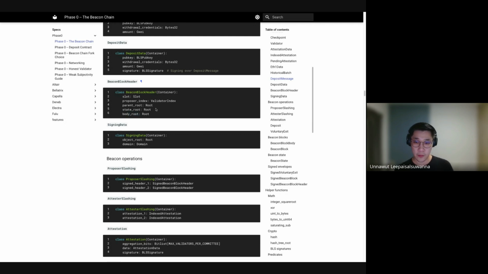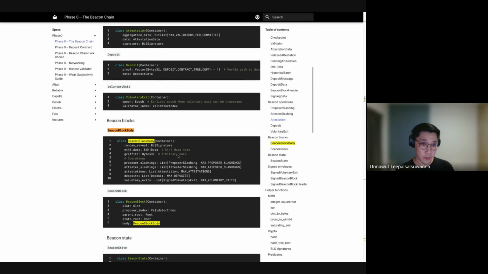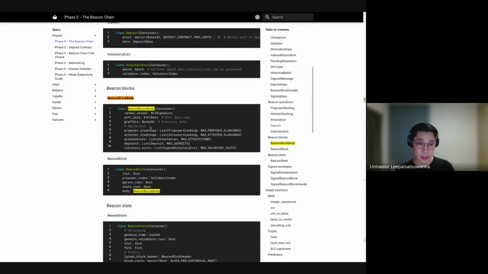But if you want to actually get the content of the body root, you're also able to get the beacon block body, I believe. Yeah. So what happens is that you're also able to get the beacon block body. You can then Merkleize all this information back into a single beacon block body root, and then this block body root is supposed to, for example, like here, beacon block.